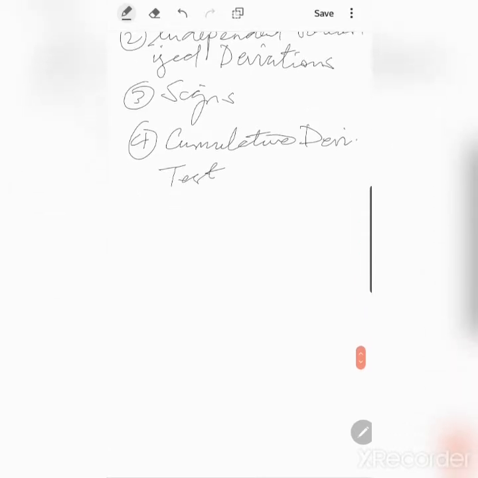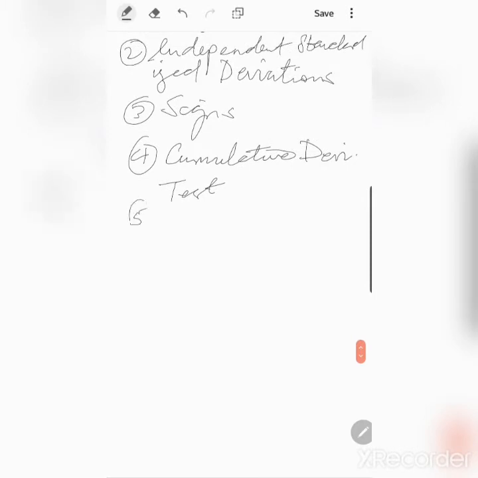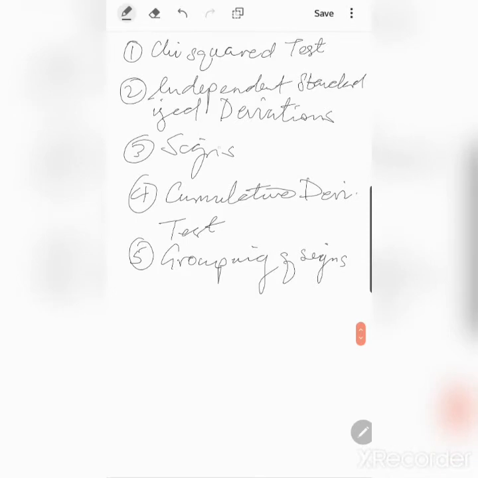So one more important aspect we should look at is the grouping of signs test. Why are we looking at this? When we talked about the chi-square test, one of the drawbacks we observed is that overall the chi-square statistic might be less than the critical value, so I cannot reject the null hypothesis.